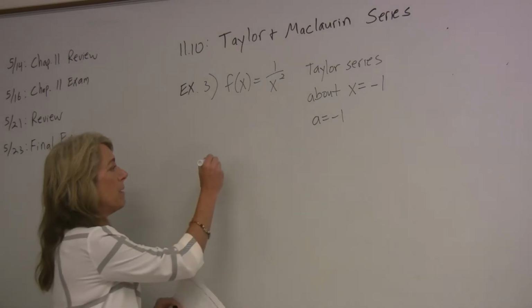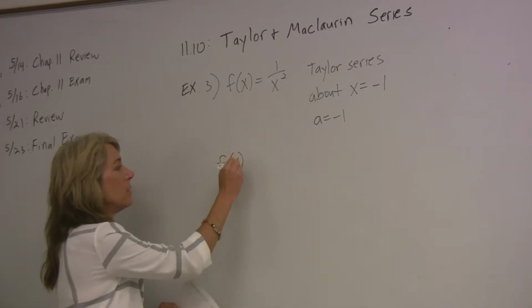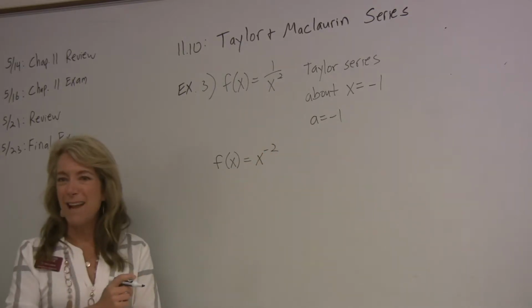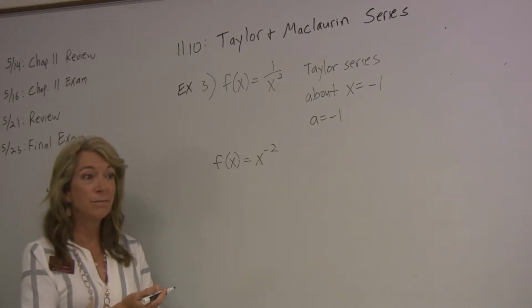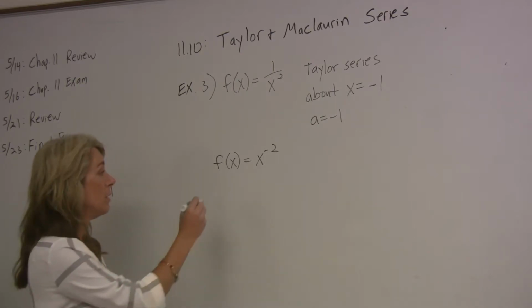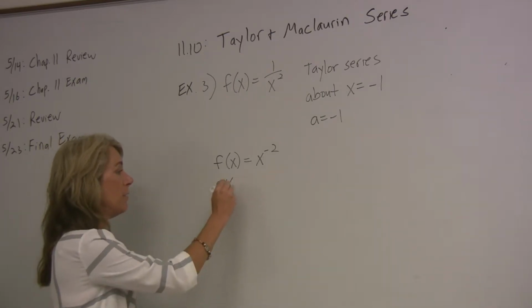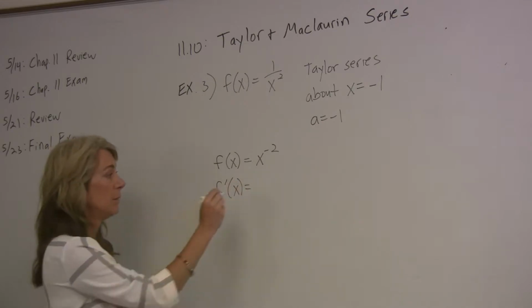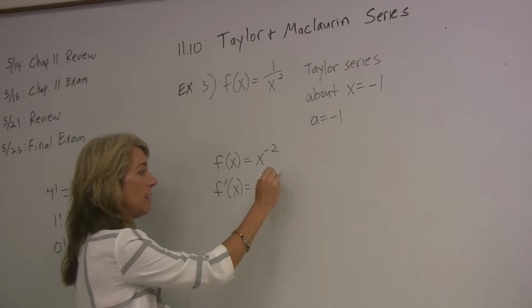So I'm going to rewrite my function here so it looks a little bit better. This is x to the negative 2. I'm rewriting it so I can take the derivative easier. So there's my 0th derivative. What is my first derivative? Negative 2 x to the negative 3.